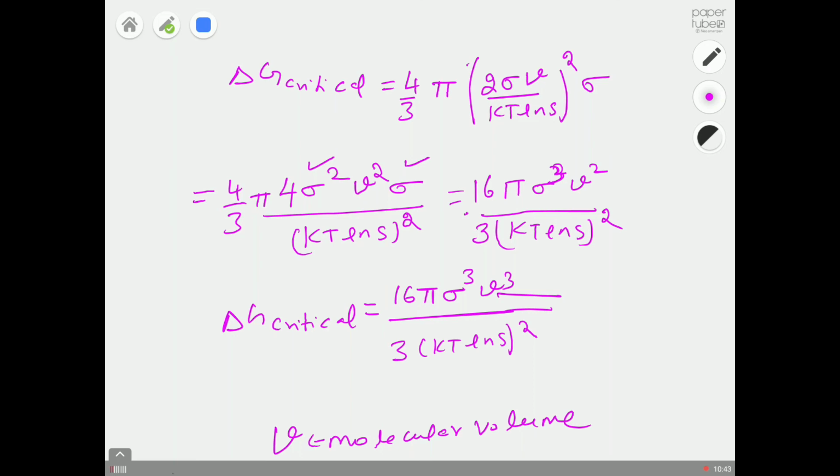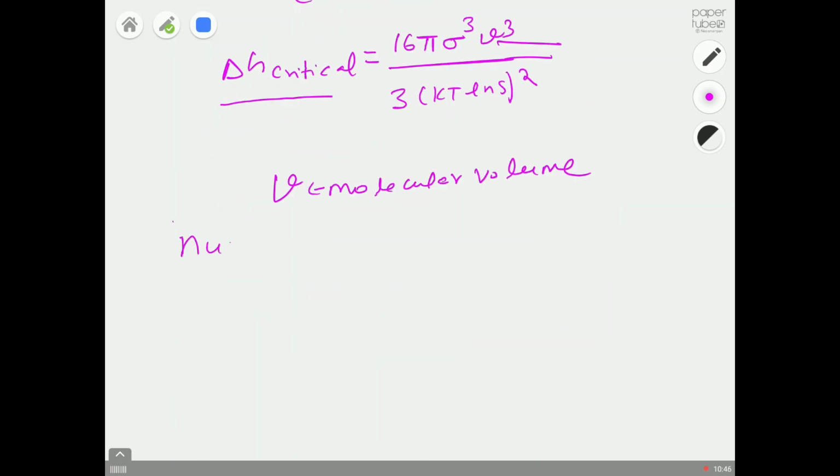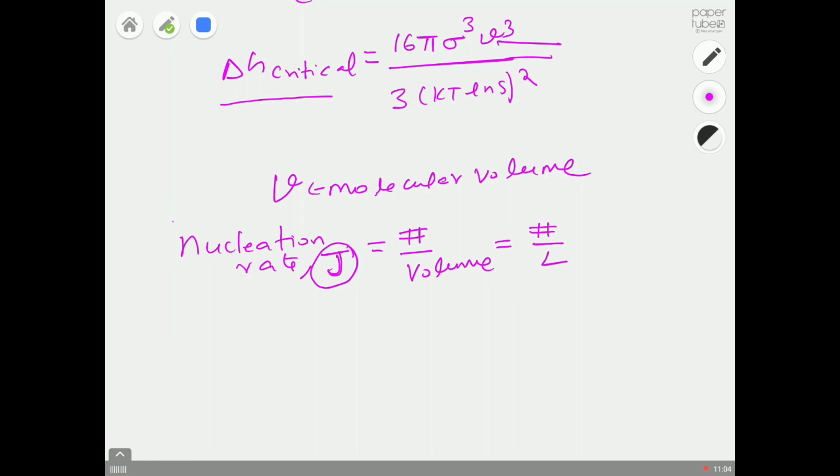In the industries, they use this equation to calculate nucleation rate. Also in academic laboratories, we use it almost every day. Nucleation rate, that's the notation J. So the unit is like numbers per unit volume. If you express the reactor volume in liter, it will be like some number per liter. So what is this? You have some solution, say supersaturation 4.